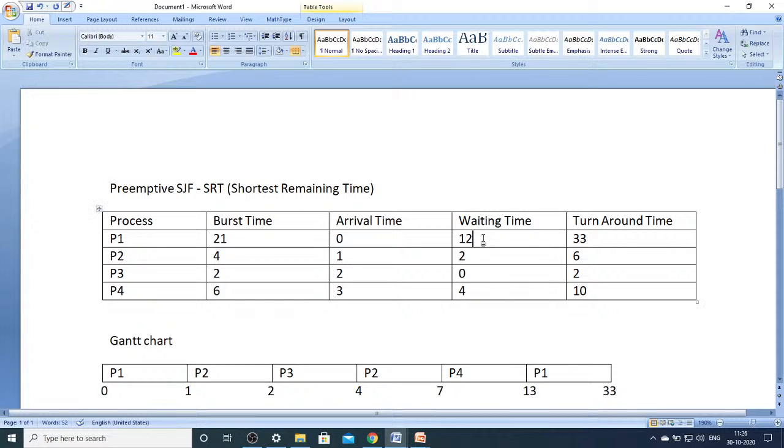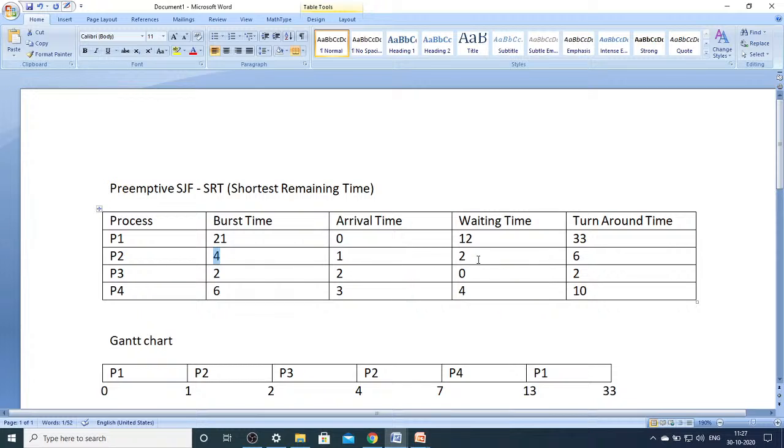And coming to waiting times, once you find the turnaround times from the Gantt chart, it is easy for you to predict the waiting times, because waiting time is nothing but turnaround time minus burst time. So 33 minus 21, you get waiting time for P1 as 12. And coming to P2, its turnaround time is 6. Out of these 6 seconds, 4 seconds it has executed.